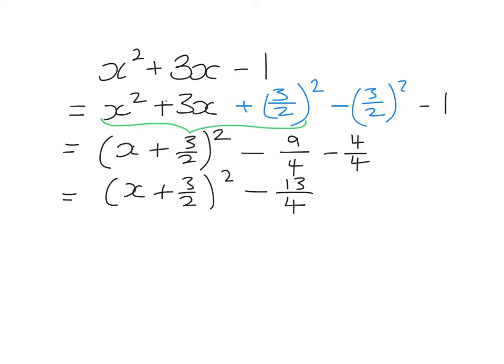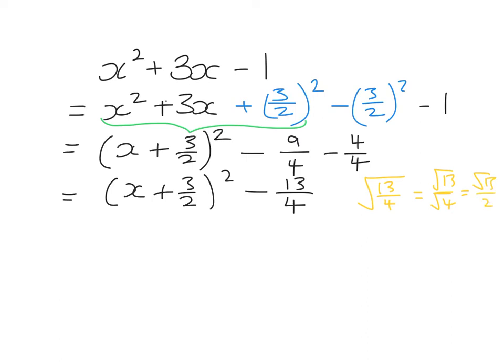Now to complete the square, we have to take a square root of that second term because it's not a perfect square. So I'm just going to write over on the right here what we do with that. So the square root of 13 over 4 is equal to the square root of 13 over the square root of 4. We can take a square root of 4, which is 2, so this will end up as root 13 over 2 for that one.